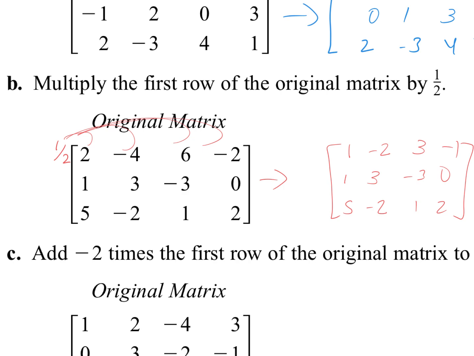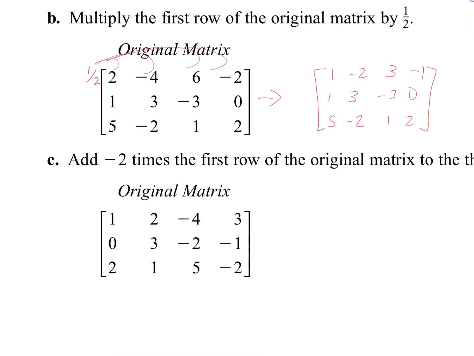All right. This last one's a little trickier. It says add negative 2 times the first row to the third row. So I'm going to do something to the first row and to the third row. We're going to multiply the first row by negative 2. And then I'm adding it to the third row.